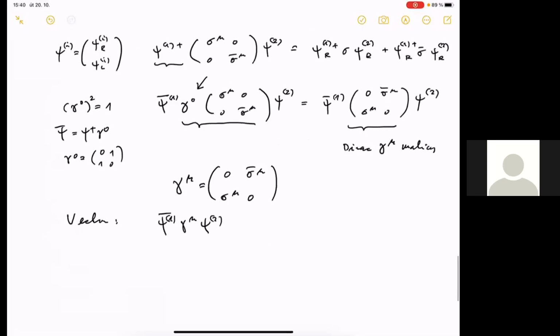And similarly, we can construct also an axial vector or pseudo vector using this construction, gamma mu, and the matrix gamma 5, which we already used. If we do all the matrix multiplication, we see that the only difference is again the minus sign instead of plus in between these two vectors.